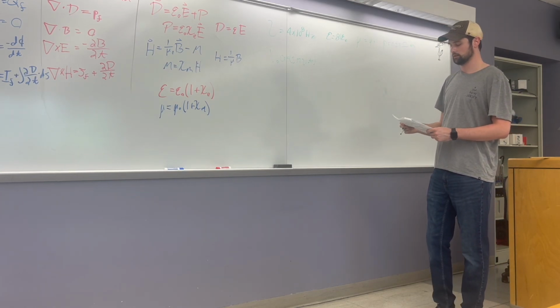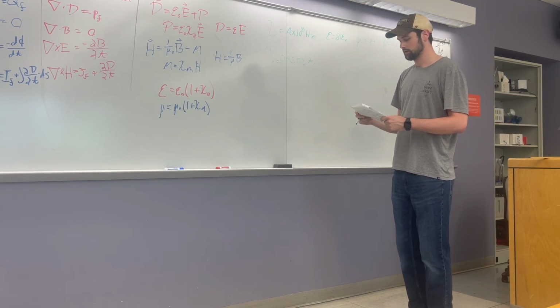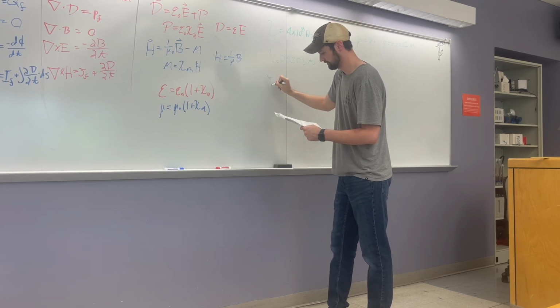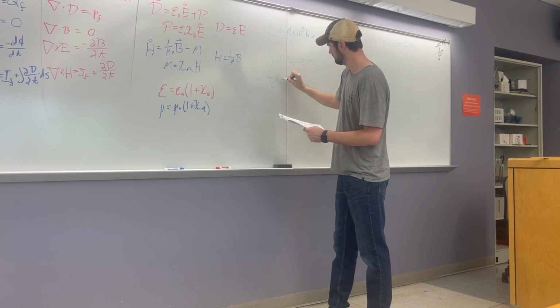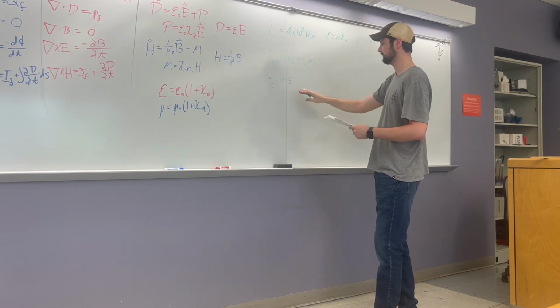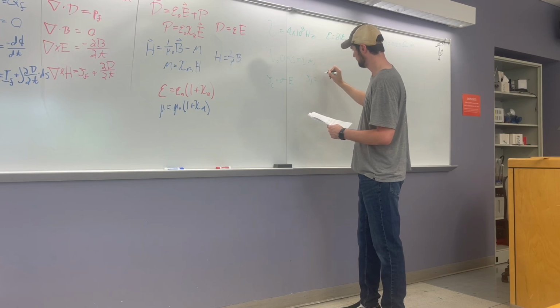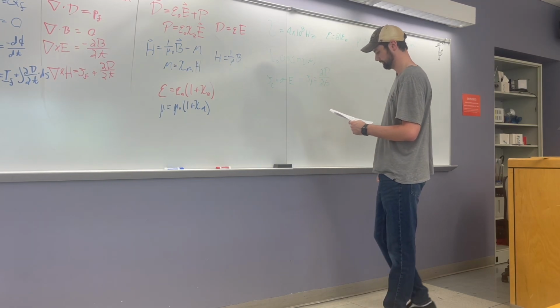And we're going to find the ratio of what is called the conduction current, or J sub C, which is equal to sigma E, and the displacement current, which is equal to the partial derivative of D with respect to T.